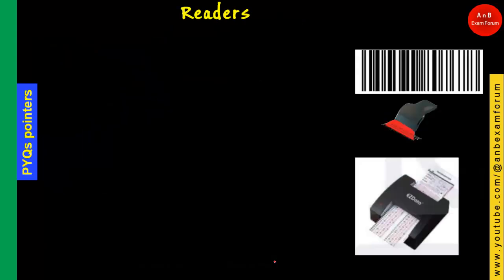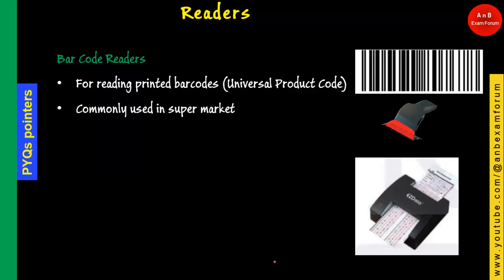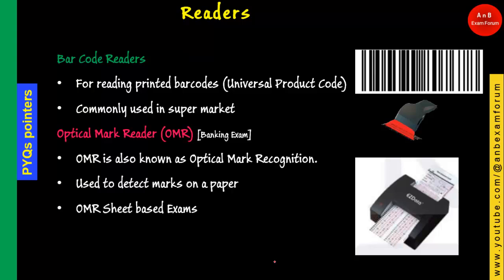The next input devices are the readers. What do you mean by readers? These are readers like the barcode reader and the optical mark reader. The barcode reader, as the word itself suggests, reads barcodes. These lines are bars, and they have a hidden code in them.